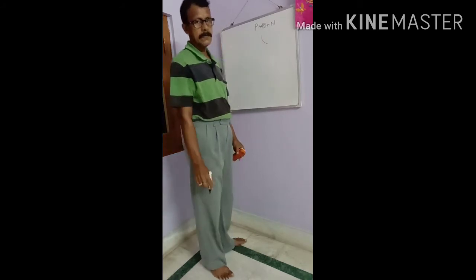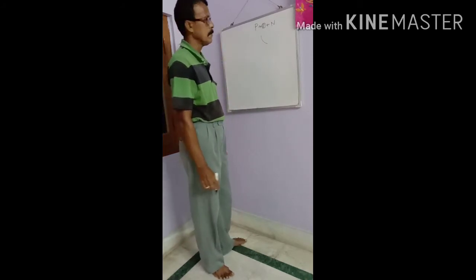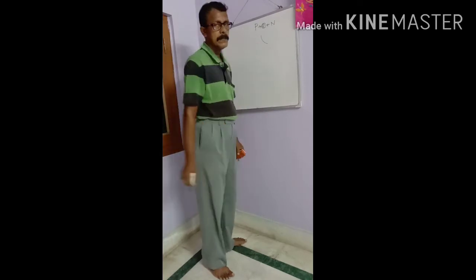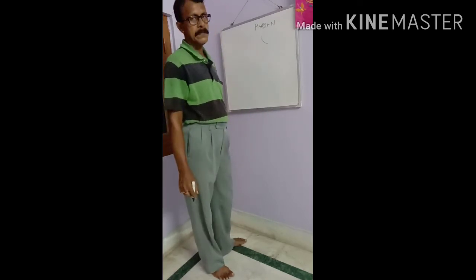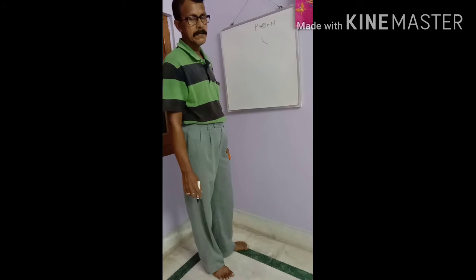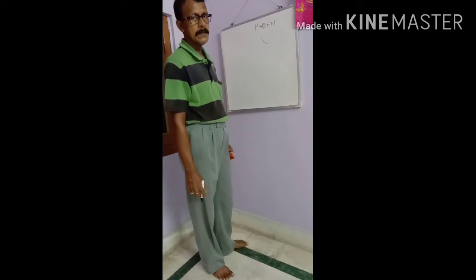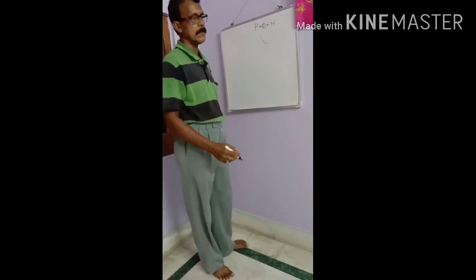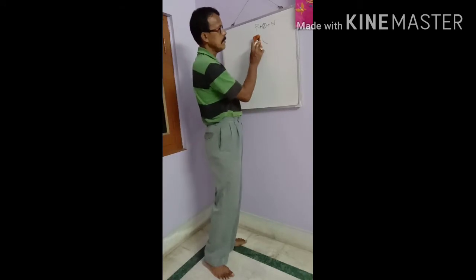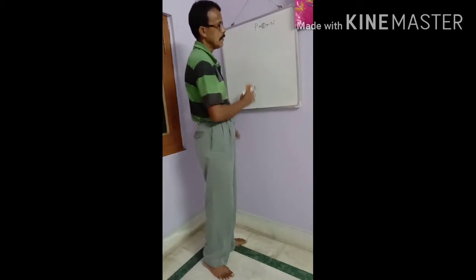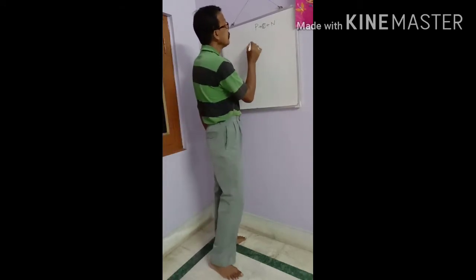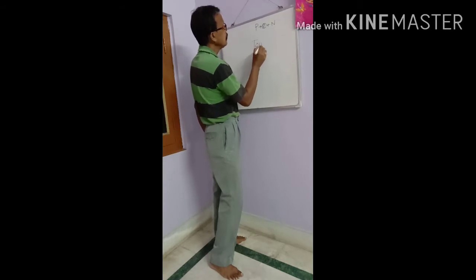This is the F stroke. When this F is sounded finally, it will be used as a hook, such as tough, T-O-U-G-H, tough.